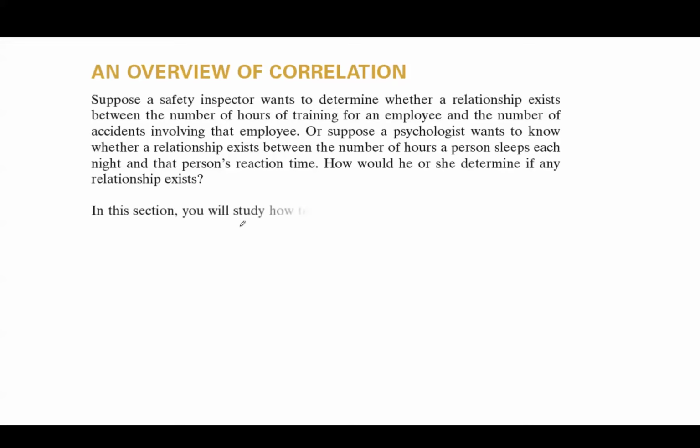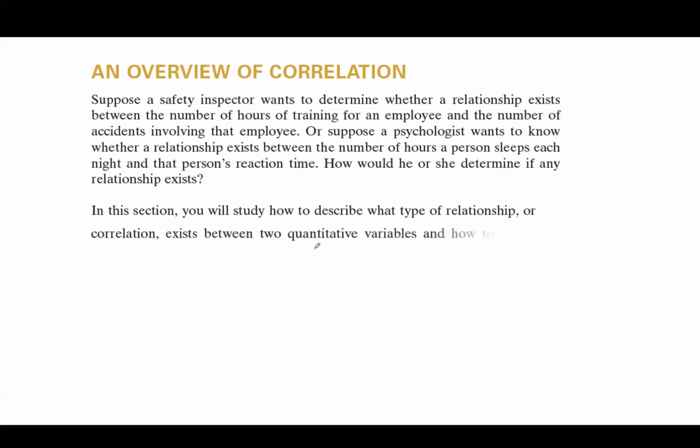In this section, we're going to study how to describe what type of relationship, association, or correlation exists between two quantitative variables, and how to check to see if the correlation is significant or not significant.